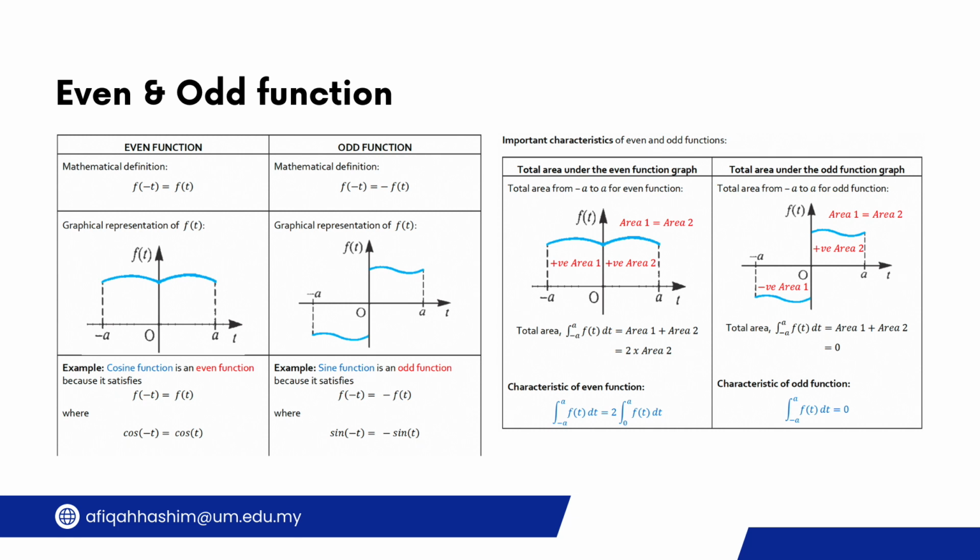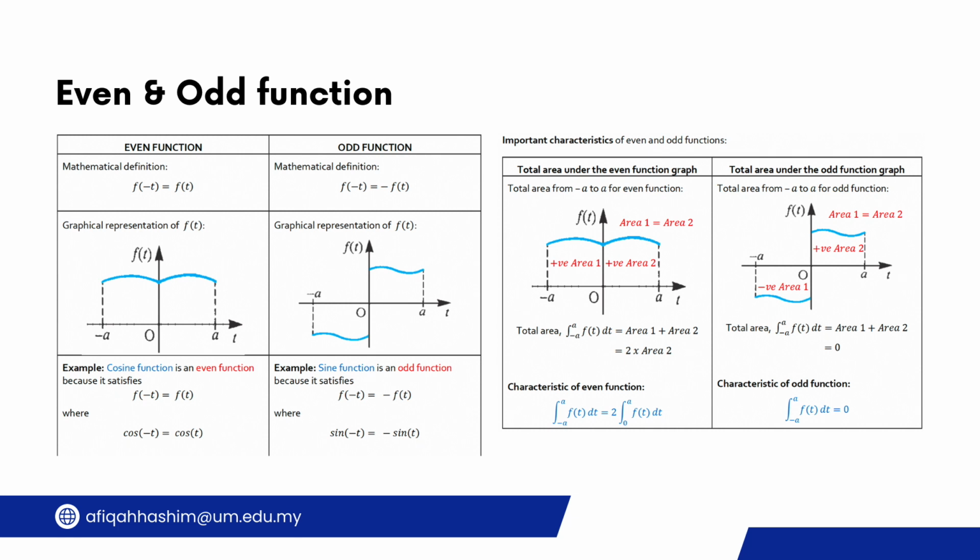Alright, so the important characteristics of even and odd functions. This is when we want to find the total area under the even function graph. You see the positive area 1 and positive area 2 have the same area, so area 1 is equal to area 2.